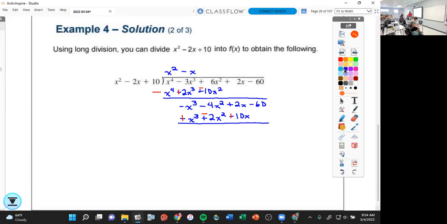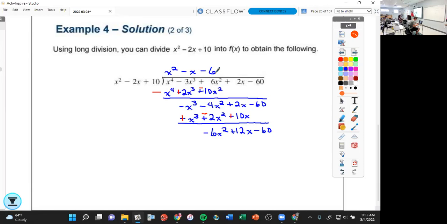Negative x cubed plus x cubed, gone. Negative 4x squared minus 2x squared, negative 6x squared. 2x and 10x, 12x. Minus 60. Can I divide negative 6x squared by x squared? Yes, so I must. Negative 6x squared divided by x squared is negative 6.